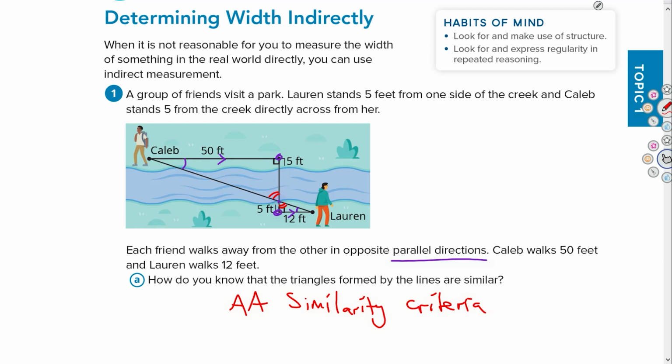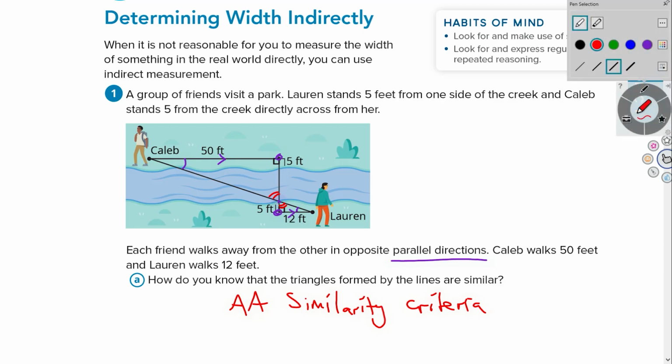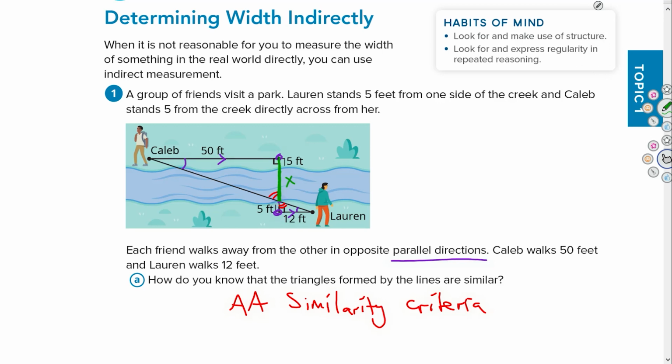Now before I tackle the width of the creek, I'm first going to find this whole length right here. I'm going to call this length x. It includes the 5 feet on Caleb's side, but it's that full length.